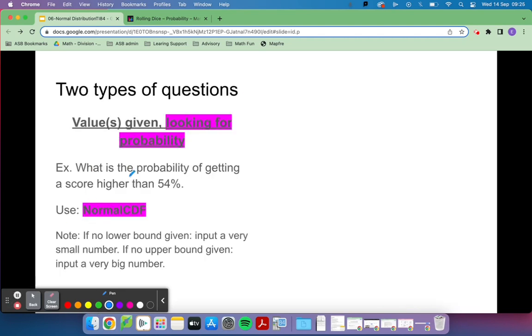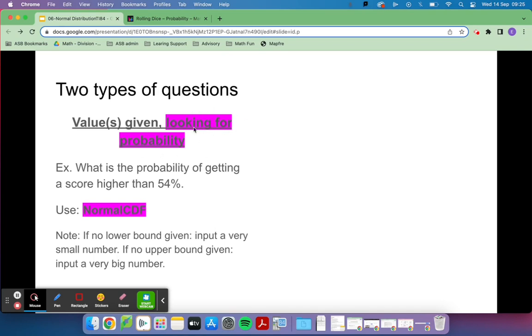Now, the most important thing for you to know is what 2 types of questions are commonly asked in the IB. We're going to go through the 2 different types of questions in this video, and we're going to practice with them. The first type of question is when you're looking for a probability.